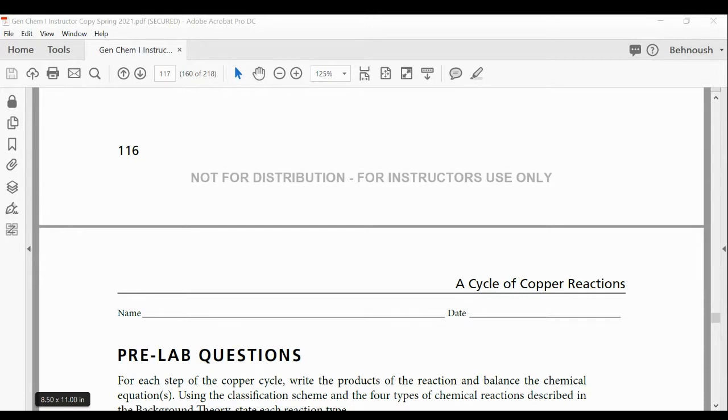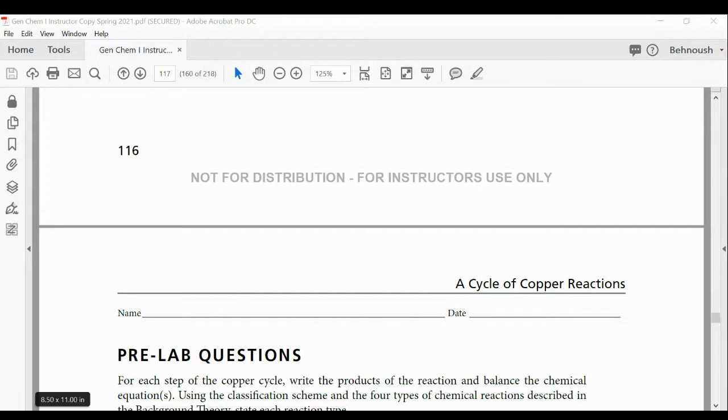No, we are not doing part A. We are doing part B of the experiment. Experiment 10 would be part B, and then 11 is part A. Or let me check before I make any mistake. I'm not changing the syllabus at this point.